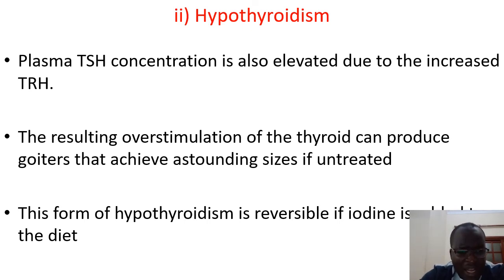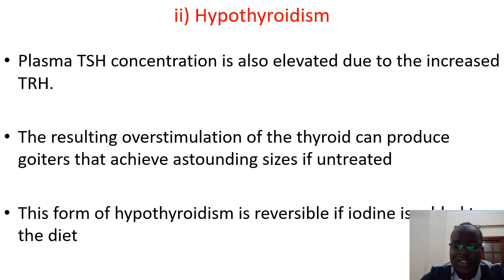The plasma thyroid stimulating hormone concentration is also elevated due to increased thyrotropin releasing hormone. The thyrotropin releasing hormone produced by the hypothalamus is stimulating the thyrotropes to release a lot of thyroid stimulating hormone. So its concentration is also going to be more. The resulting overstimulation of the thyroid can produce goiters that can achieve astounding sizes if untreated.